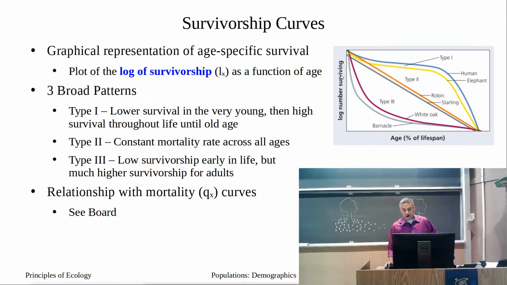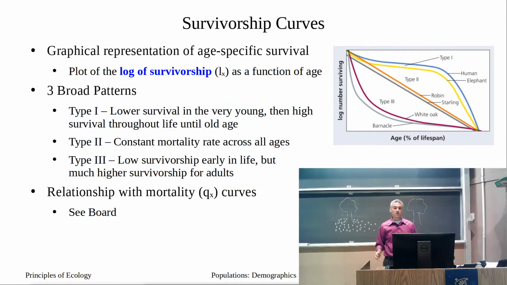Now, if you can make it out, we do have a slight dip in the very young, right here. The slope is a little bit steeper, and that is real. We do have lower survival in the very young. Childbirth is pretty dangerous. The child might not survive. That first year of life, they're going to be susceptible to a lot of things: new diseases, new pathogens, predation.